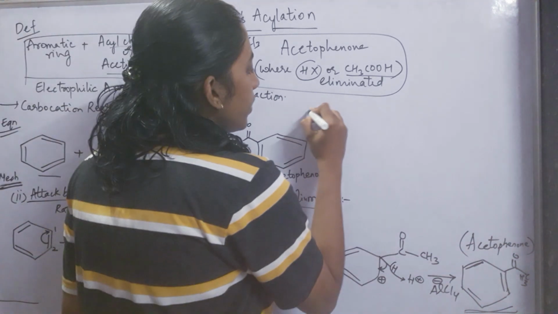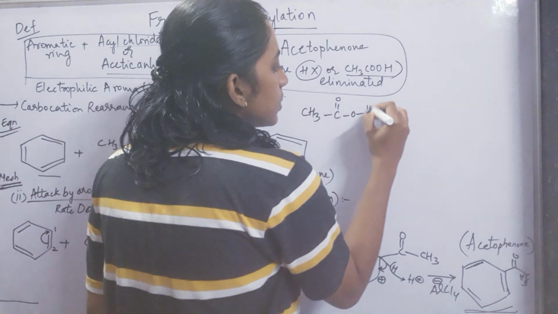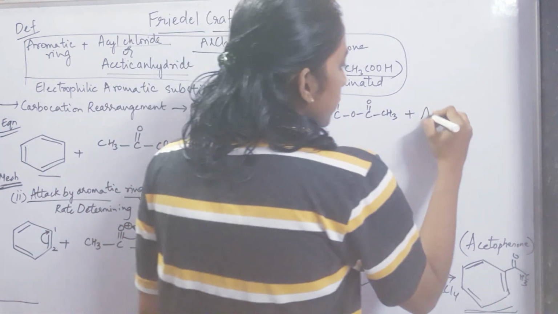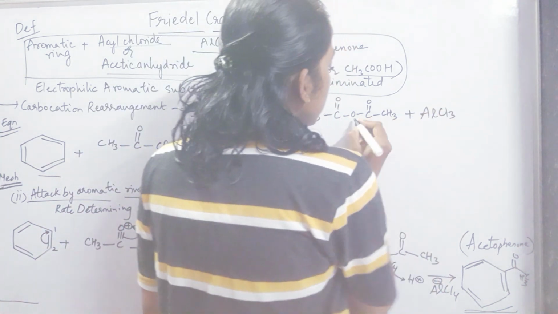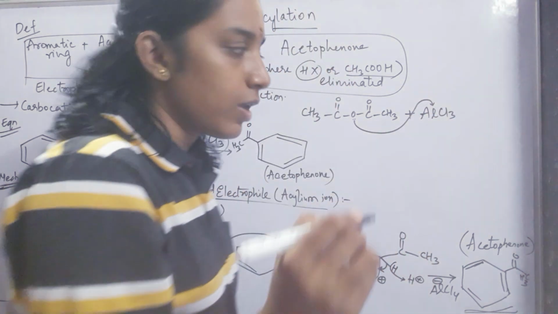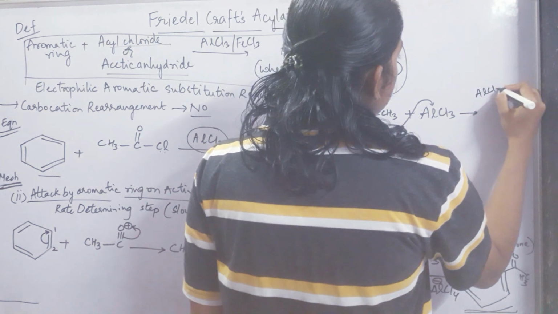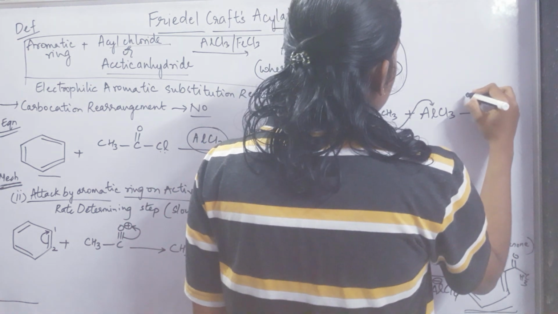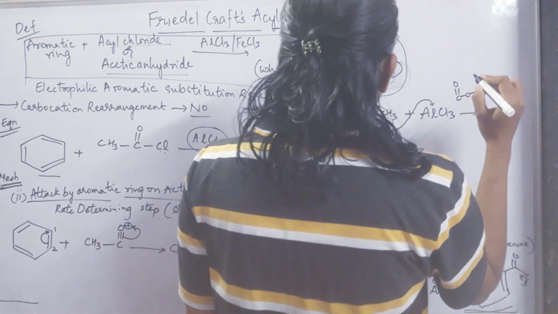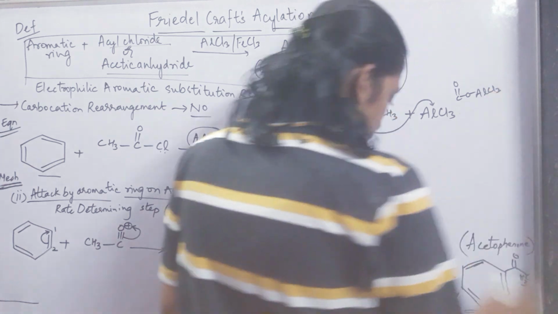If we take acetic anhydride, which is CH3C=O O C=O CH3, first we will be activating it with Lewis acid. This oxygen will transfer its electron pair to the vacant p orbital of aluminium. Okay, 1 second, I'll write it down.